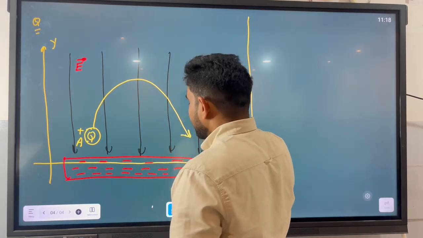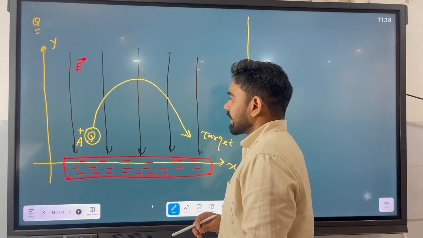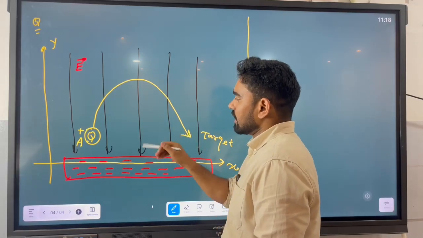Initially we calculate the acceleration due to gravity and the acceleration due to the external electric field.